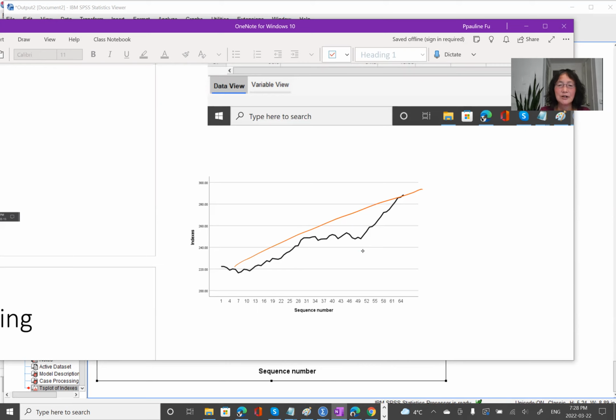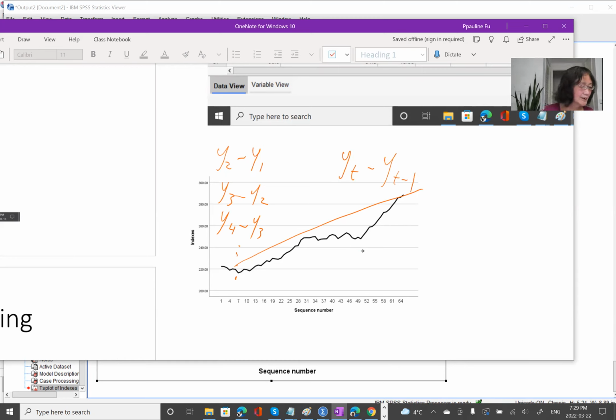Because it is not stationary, that's the reason we want to do the difference first. Doing the difference means we want to use Y2 minus Y1, Y3 minus Y2, Y4 minus Y3, etc. Generally speaking, we want to do Yt minus Yt-1.